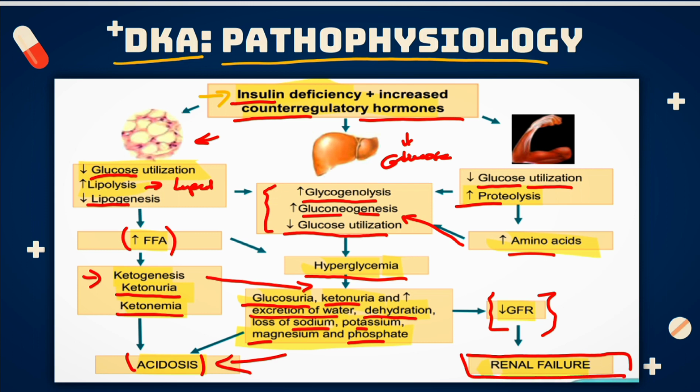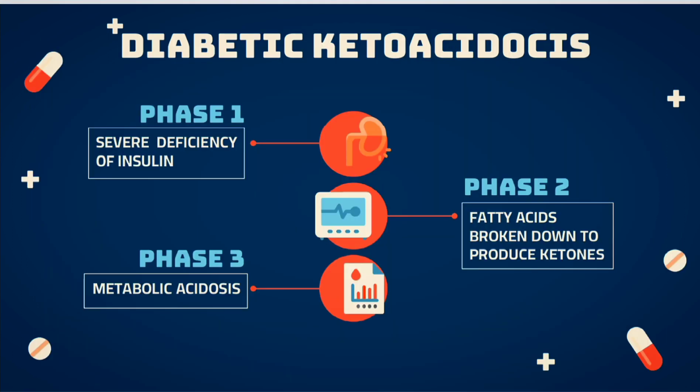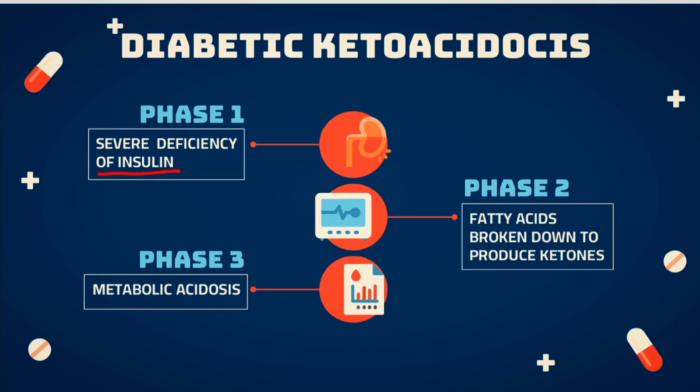So this is the overall pathophysiology of DKA. We have seen that in diabetic ketoacidosis there is severe deficiency of insulin in the body, and fatty acid is broken down into small products, and this produces ketones which are secreted either in the urine or in blood, and ultimately all this process causes metabolic acidosis in the body.